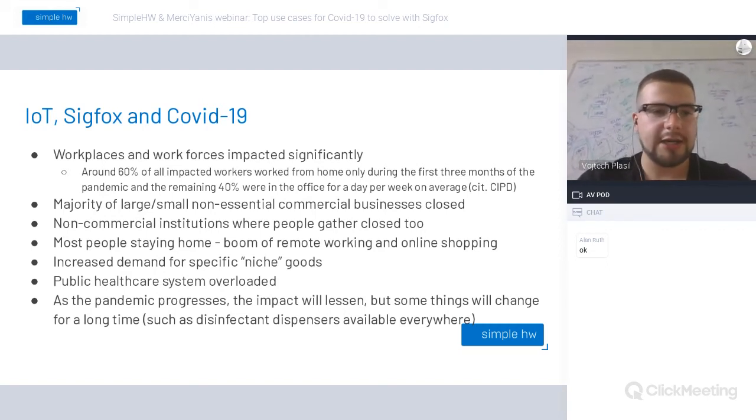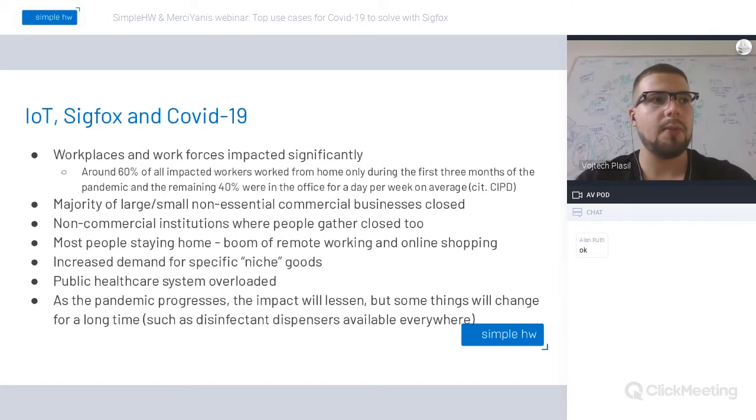This means an increased demand for masks, disinfectant, and personal protection equipment, stuff like that. Even pills and other medicaments.